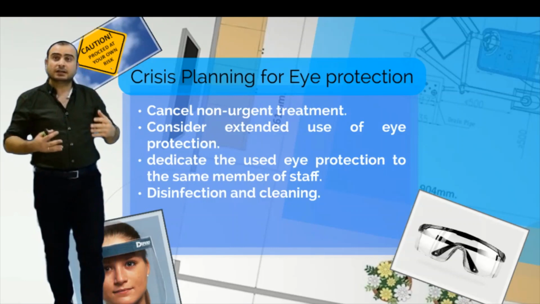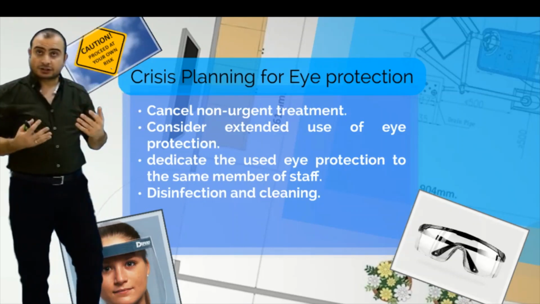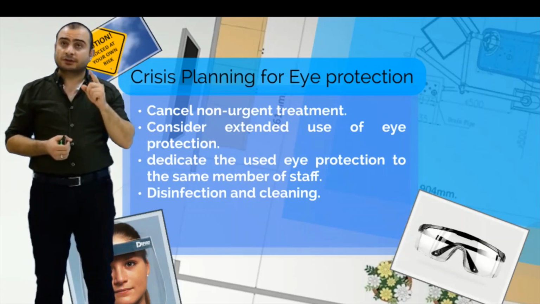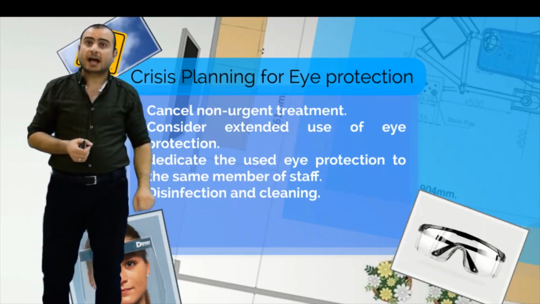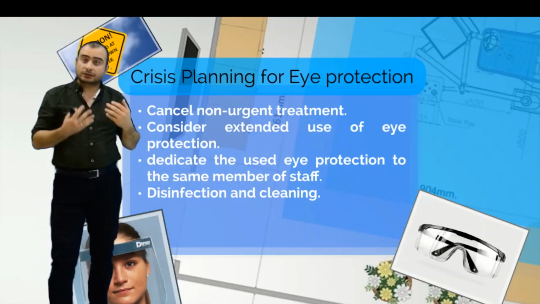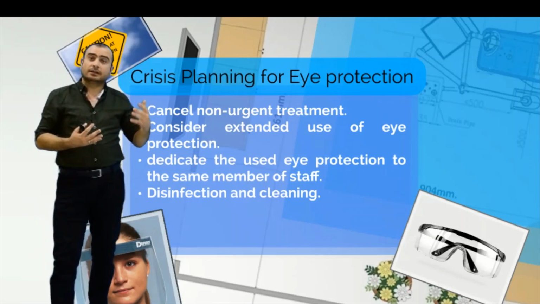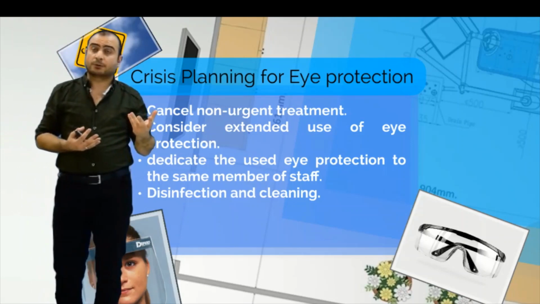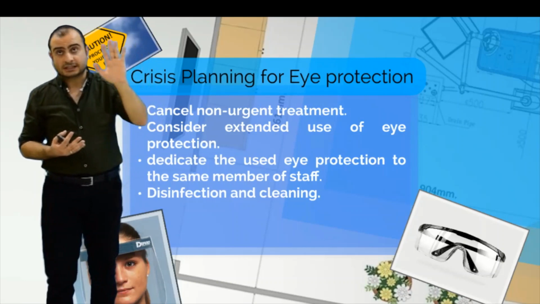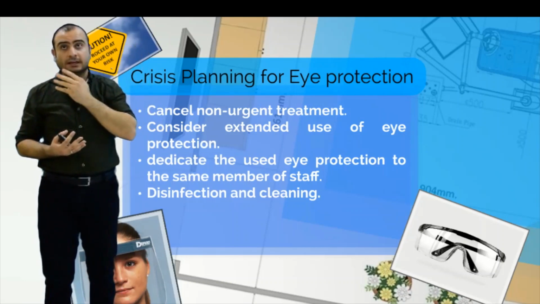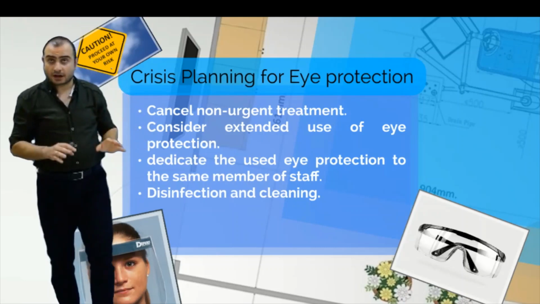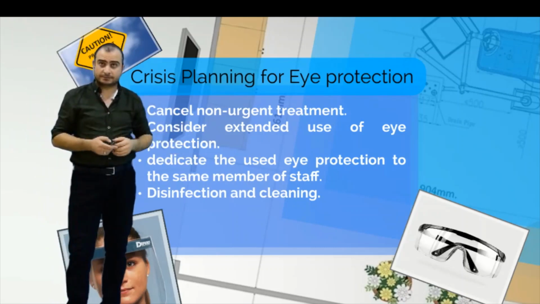So we can't use an eye protection that has been used by another staff member. We also need to disinfect and clean the eye protection between each patient. Using a hospital grade disinfectant with a virucidal property, we need to disinfect the eye protection from the inner side and then from the outside. We leave them to dry before being reused.